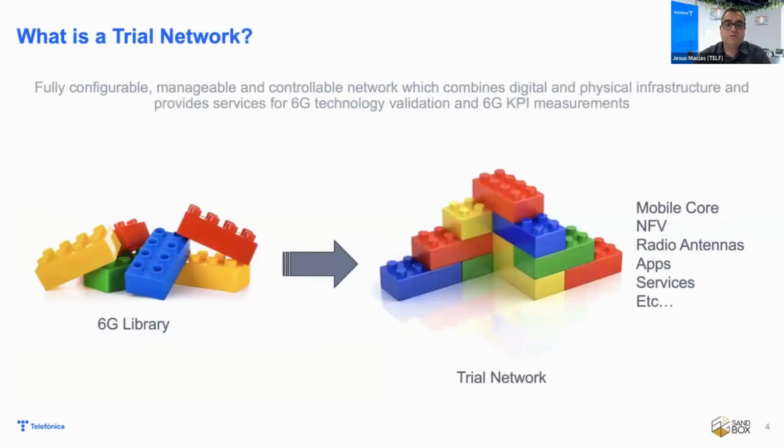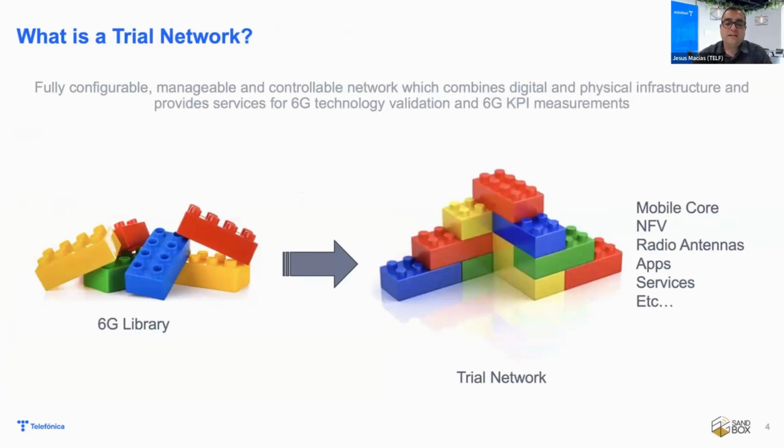To configure these experiments, a 6G library will be created. The 6G library will be something like building blocks. With those building blocks, we will be able to find modules and physical equipment that will be used to create the definition and deployment of a logical element that we call a trial network.